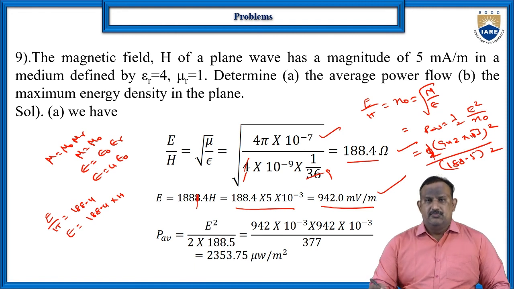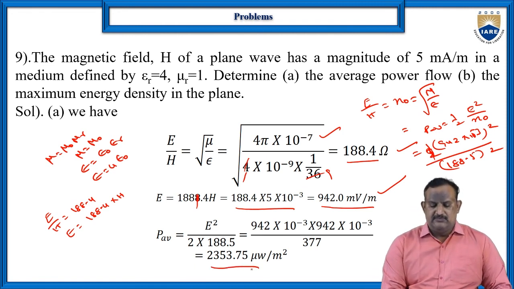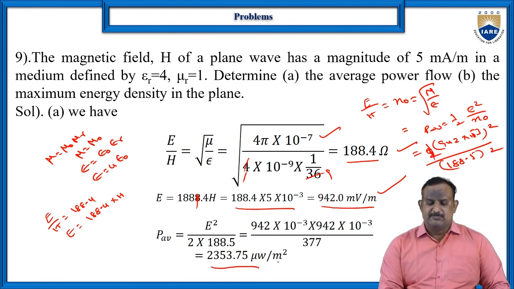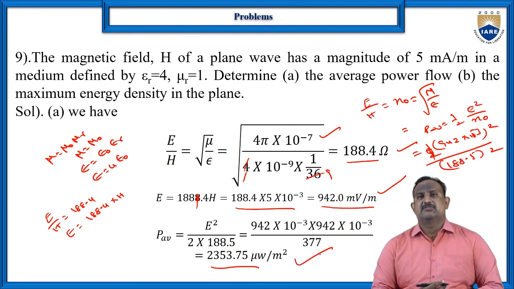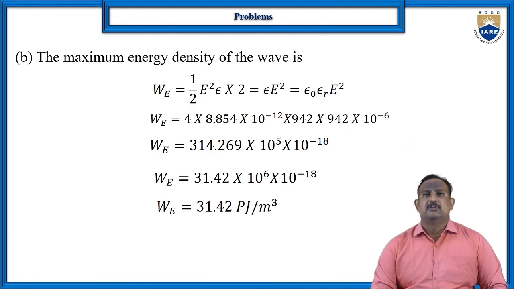Therefore, the average power is 2353.75 microwatts per meter square. This is the power. In this way, you can find the electric field intensity and average power of a given problem.